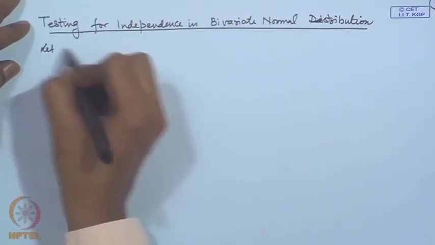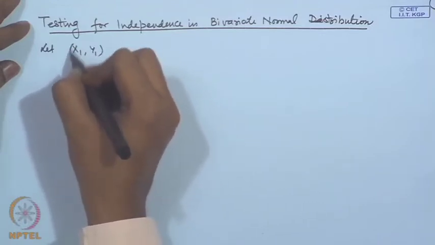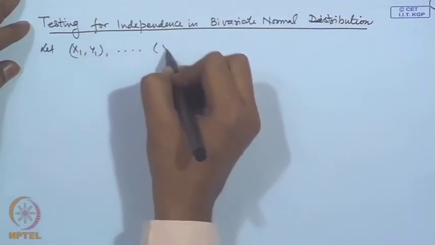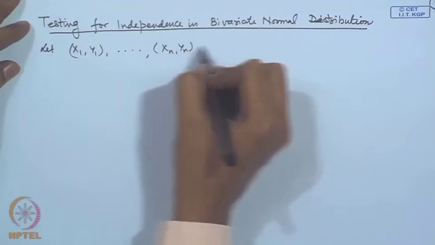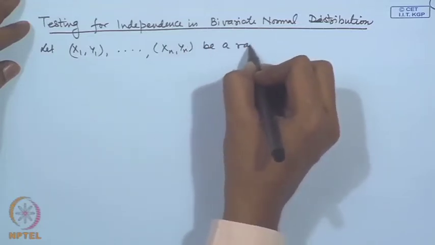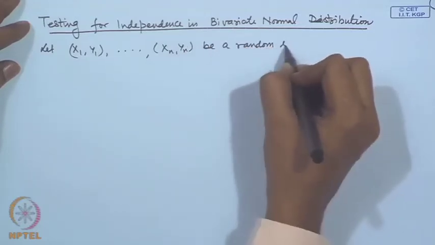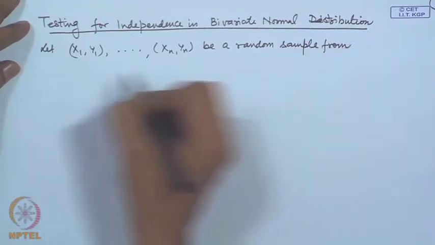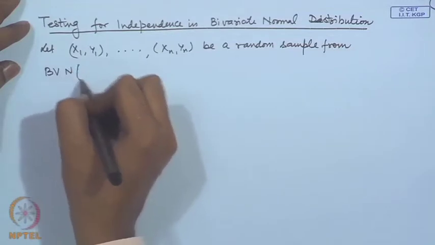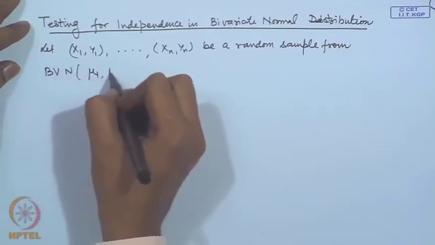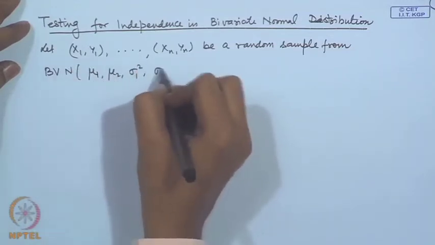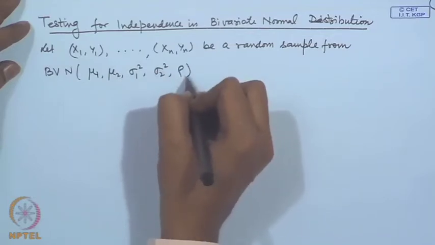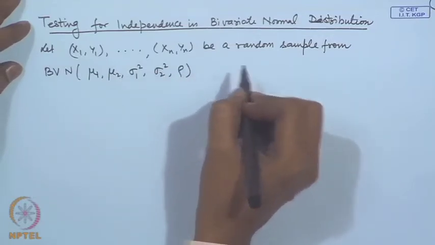So, let (x_1, y_1), (x_2, y_2), ..., (x_n, y_n) be a random sample from a bivariate normal (mu_1, mu_2, sigma_1 square, sigma_2 square, rho) population.